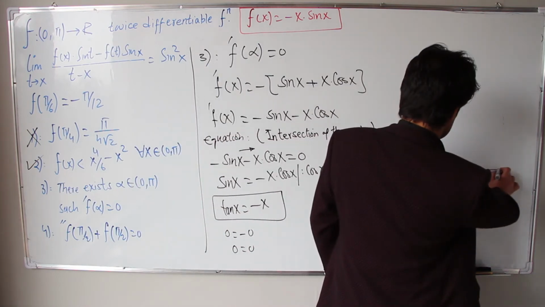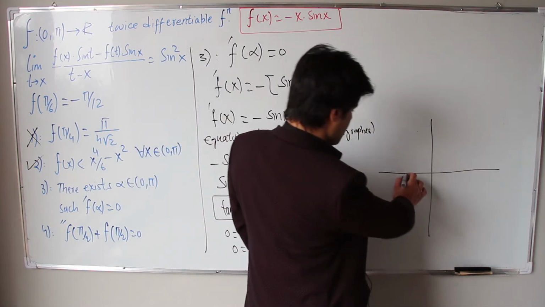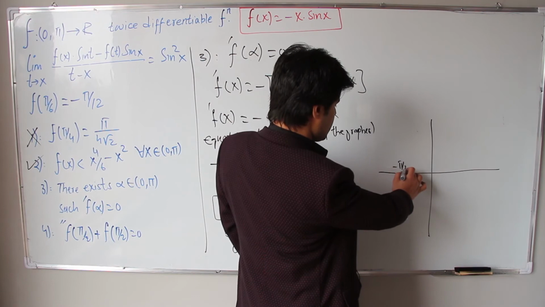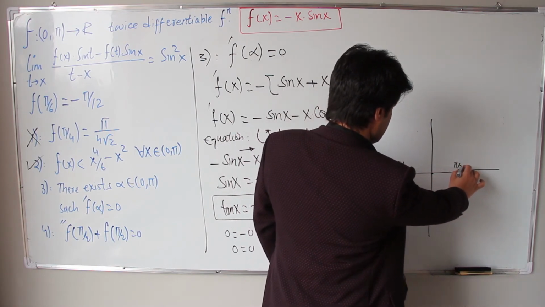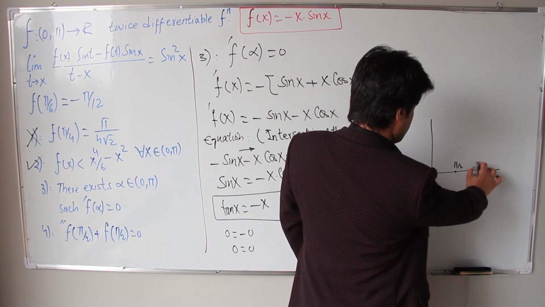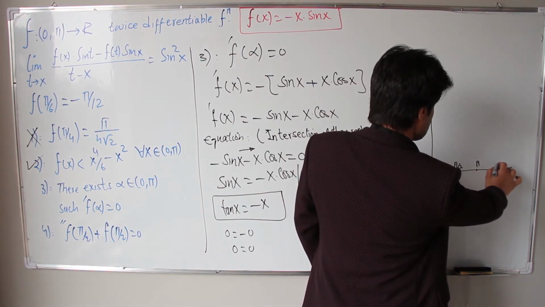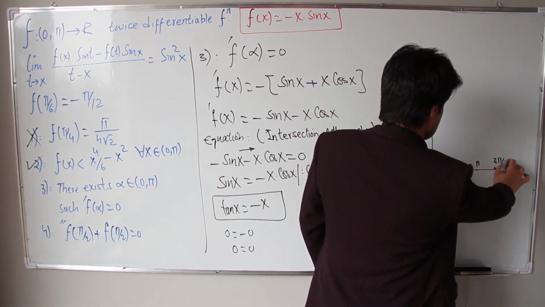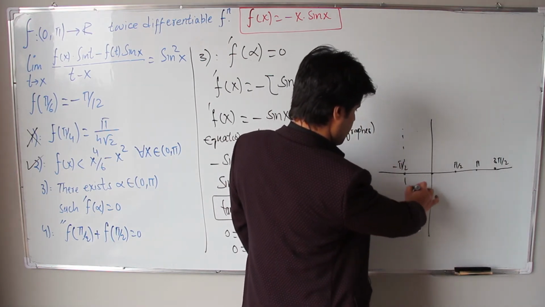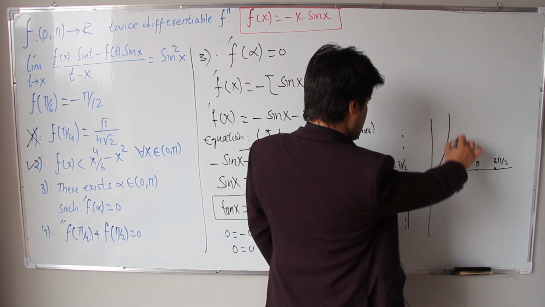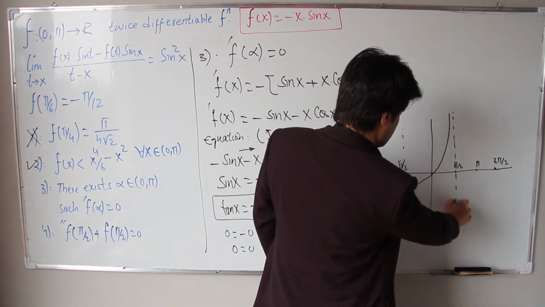I think for tangent x, this is minus pi divided by 2, this is 0, this is pi divided by 2, this is pi, and also we have this one, 3 pi over 2. Now this is the graph of tangent x.